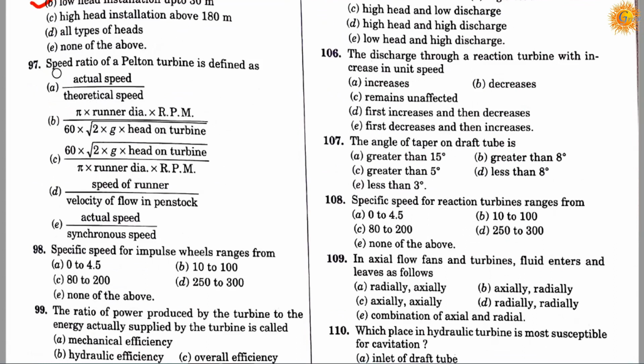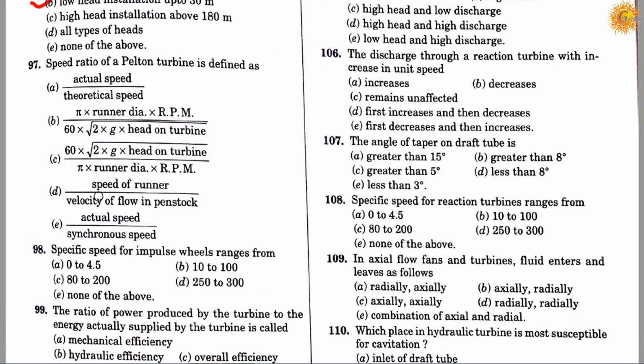Question number 97. Speed ratio of a Pelton turbine is defined as option A, actual speed divided by theoretical speed, option B, pi into runner diameter into RPM divided by 60 into under root of 2g into head of turbine, option C, 60 into under root of 2g into head on turbine divided by pi into runner diameter into RPM, option D, the speed of the runner divided by velocity of flow in the penstock, and option E, the actual speed divided by synchronous speed.